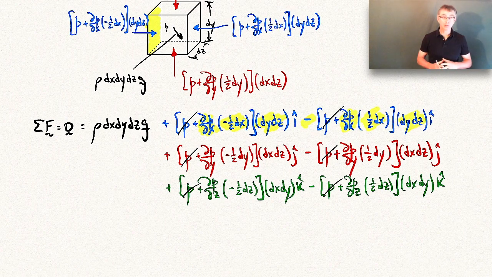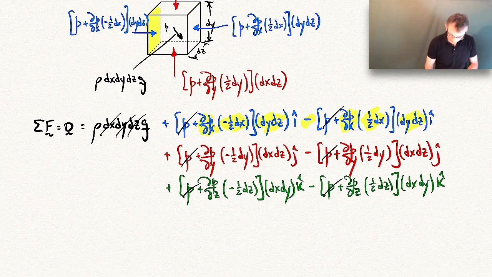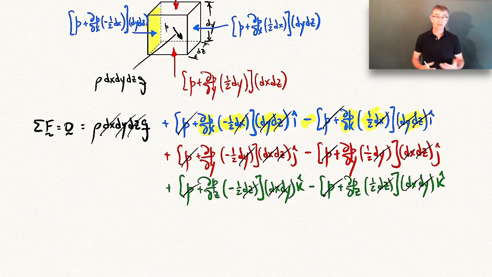Then the last thing that we'll be able to do is simplify by getting rid of the dx dy dz. You'll see here that this dx dy dz shows up everywhere. Right? There's a dx dy dz in all of these terms, so we'll divide through by that because in general that's not 0. So that simplifies things a bit.